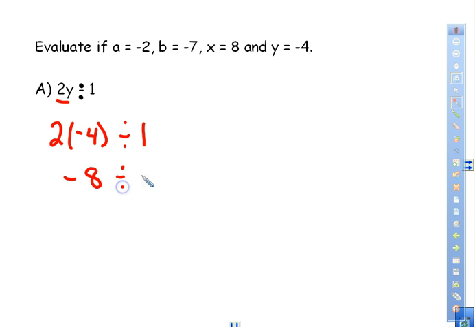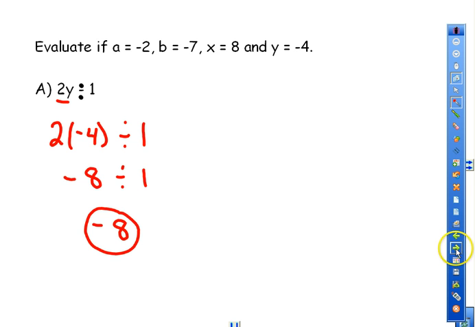And then that's divided by 1. And then negative 8 divided by 1, well, 8 divided by 1 is 8. And then unlike signs, therefore it will be negative. Okay? So you get negative 8 for an answer. Okay? So let's go on to the next one. If you have, again, any questions, please mark that down and ask that in class tomorrow.